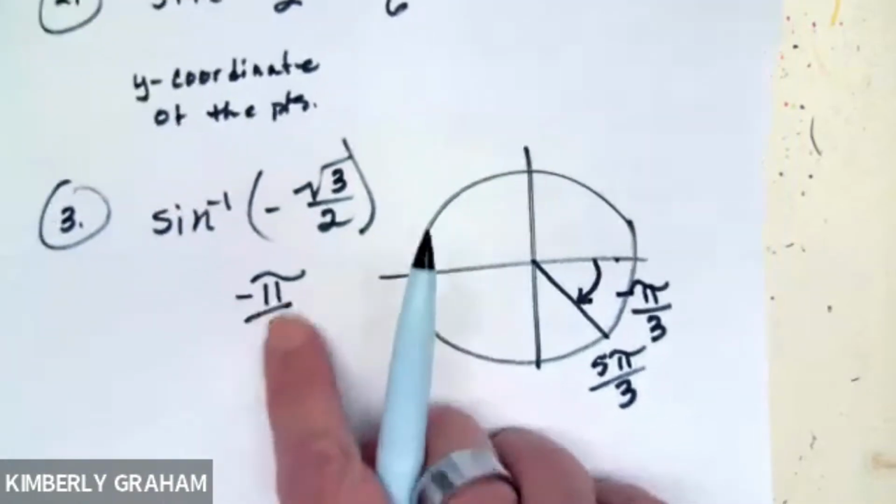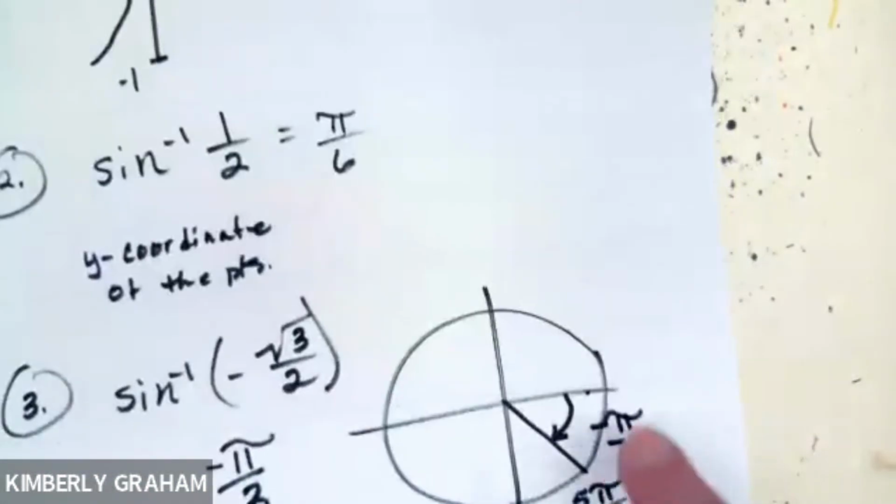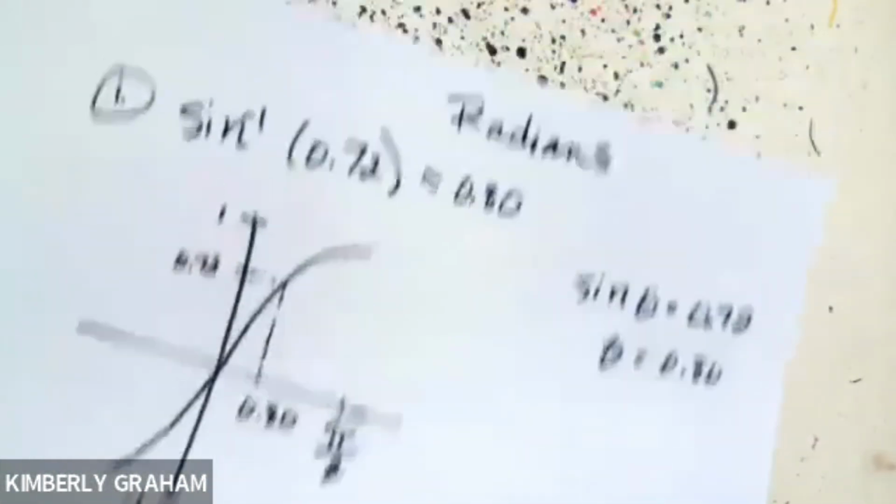All right, so this value here is in between these two values here. Any questions so far?